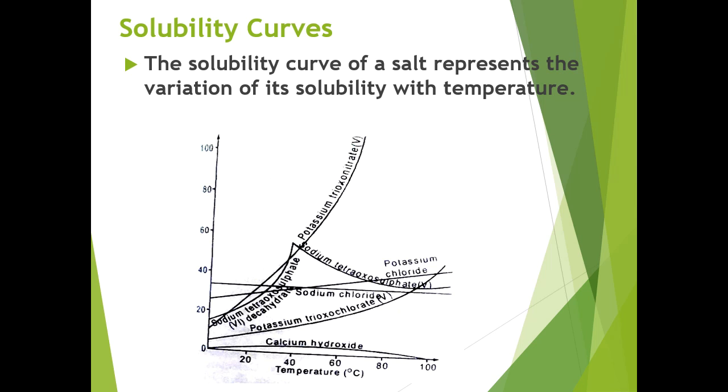And lastly, sodium tetraoxosulfate 6 shows a solubility curve with a sharp break at 36 degrees Celsius. This is because the salt exists in solution as sodium tetraoxosulfate 6 decahydrate, that is, it has 10 water molecules of crystallization at temperatures below 36 degrees Celsius, but it gives up its water of crystallization to become anhydrous at temperatures above 36 degrees Celsius.